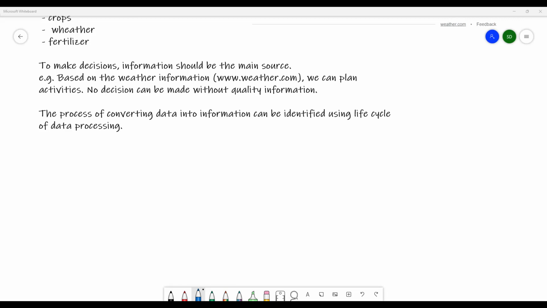So the steps that we are going to discuss, first of all, this is a cycle. I will explain why it is called a cycle. You have learned about cycles, right?